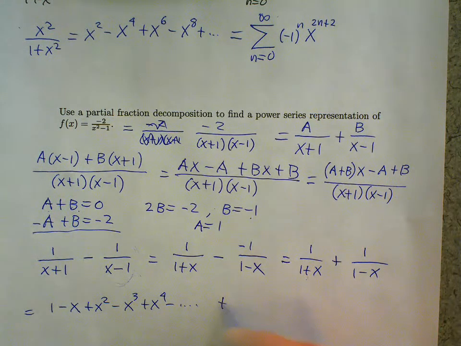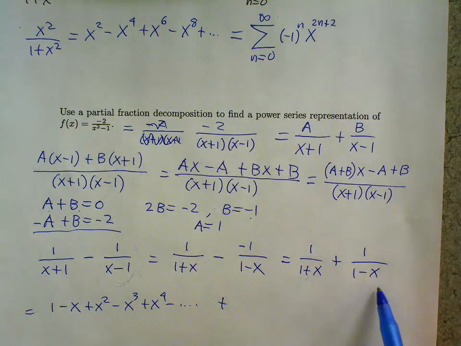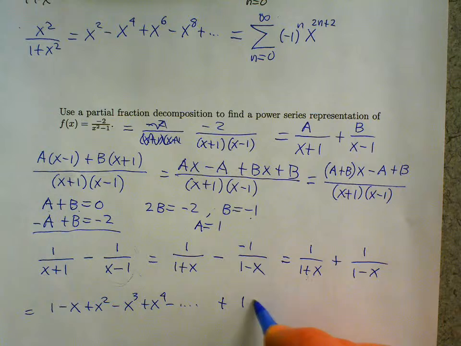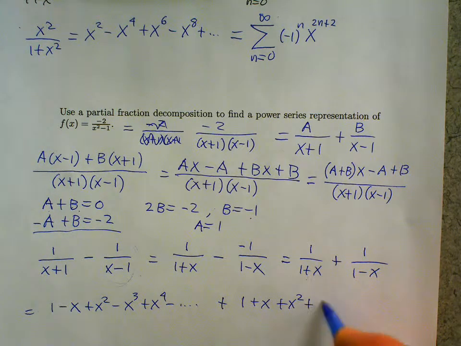Add that to the other series, 1 over 1 minus x. This is 1 plus x squared plus x to the third plus x to the fourth, and so on.